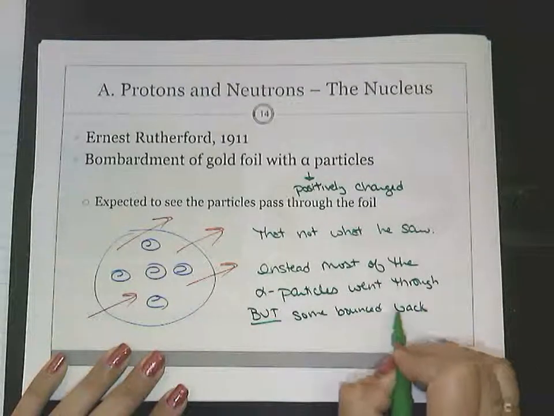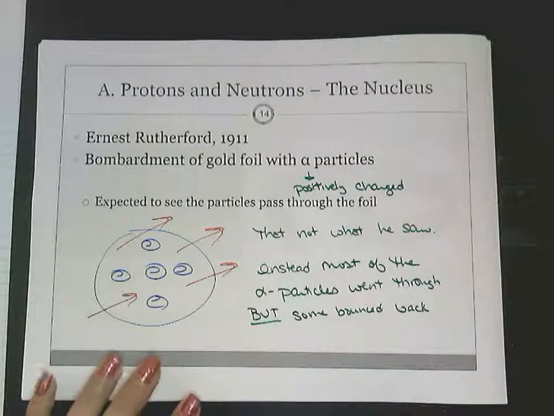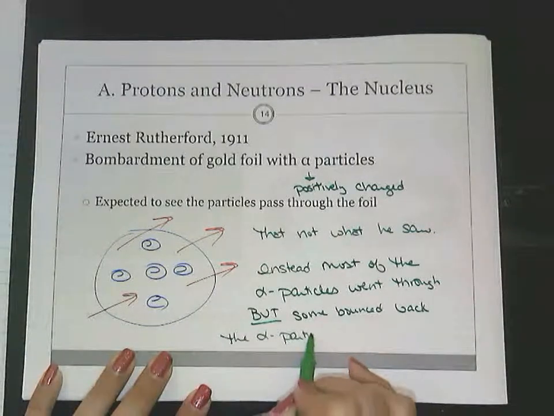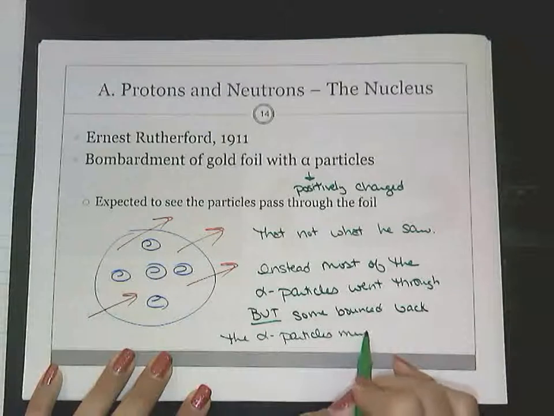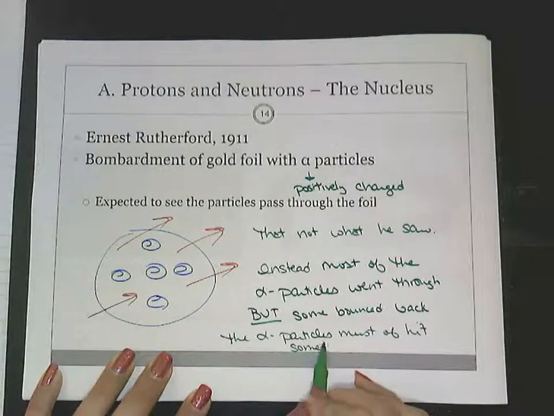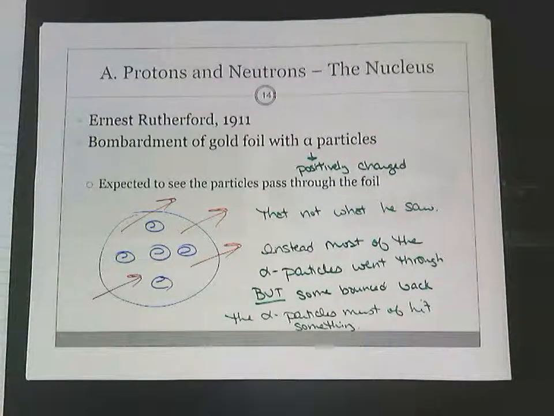But some of them bounced back. The only reason they would bounce back means they must have hit something, right? They must have hit something hard enough to cause it to reverse directions.